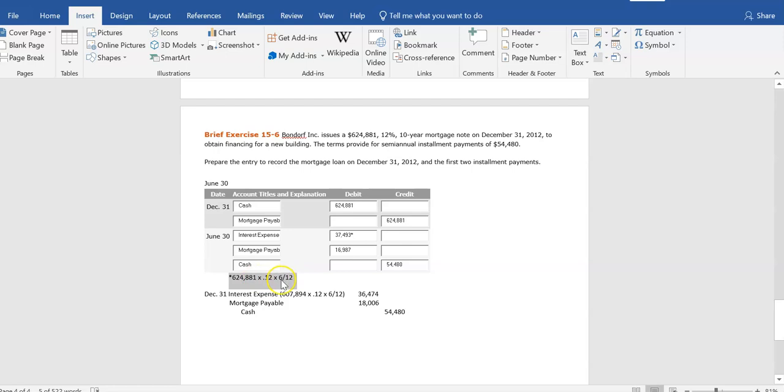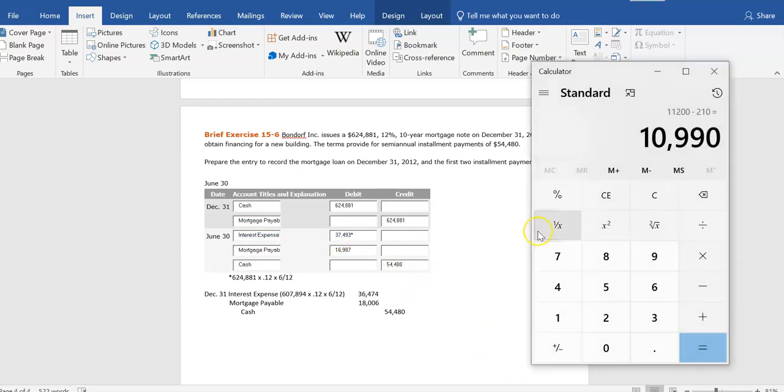When I multiply that out, the interest expense that is owed for that 6-month period is $37,493. I will debit interest expense for $37,493. I am making a payment of $54,480.